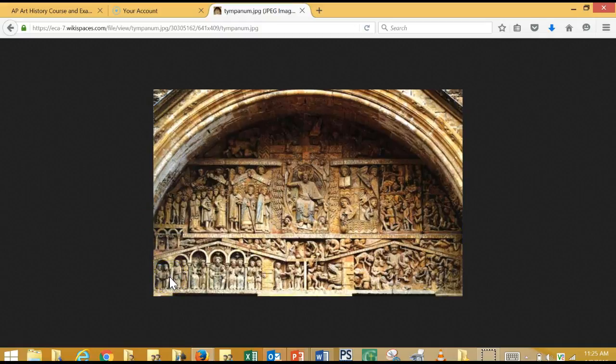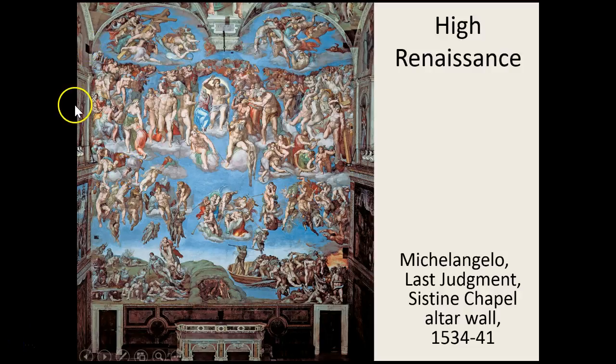So this is a good one for you to know, and perhaps you might be confronted with comparing and contrasting Michelangelo's fresco of the same scene. So we'll get back to that. Here's Michelangelo's version, and again, it's a different medium.